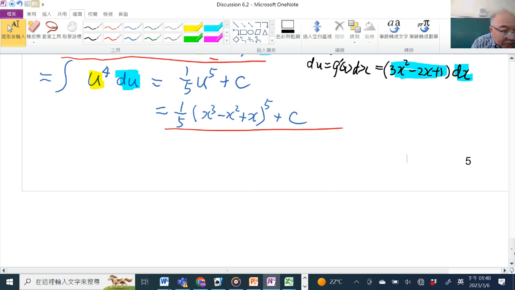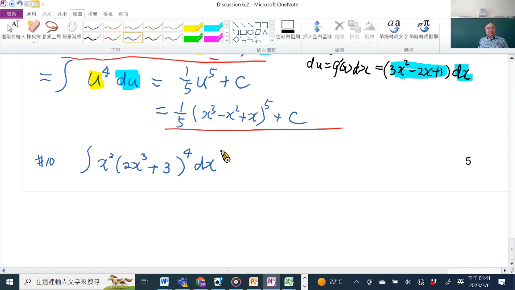Okay. Now, question number 10. The integration form is x squared times 2x to the power 3 plus 3, to the power 4, and dx.